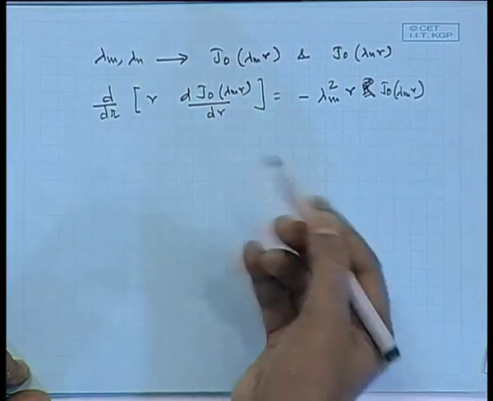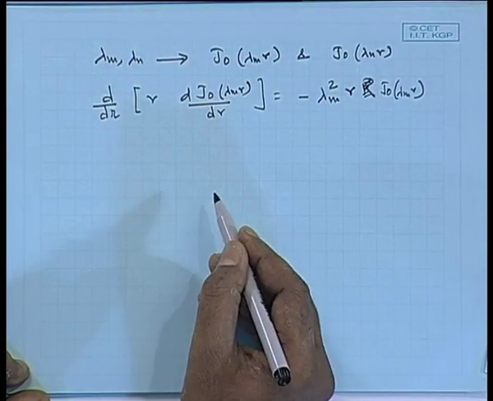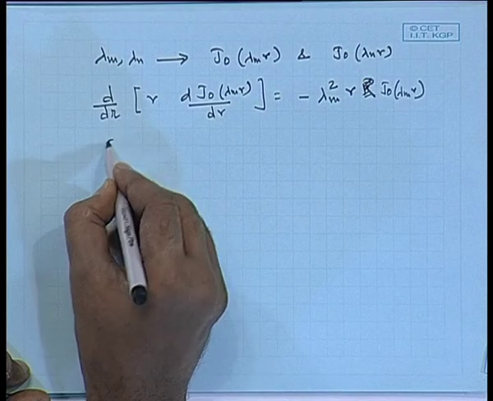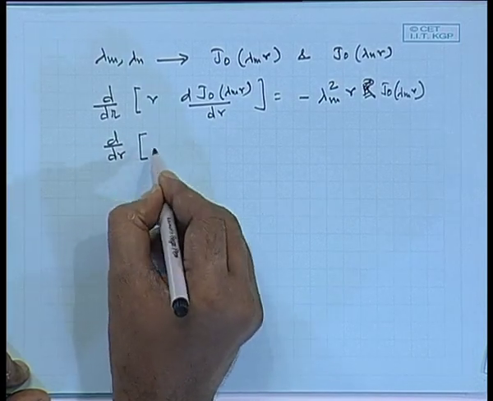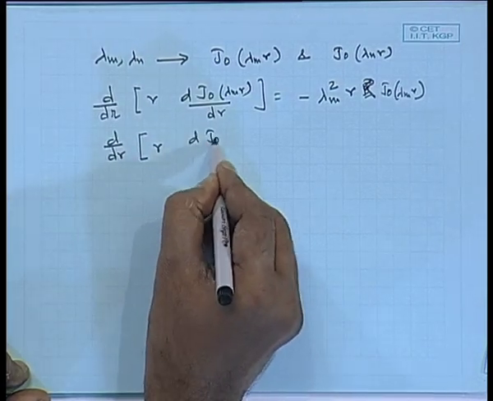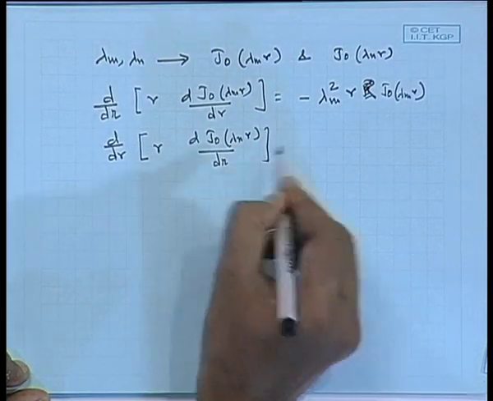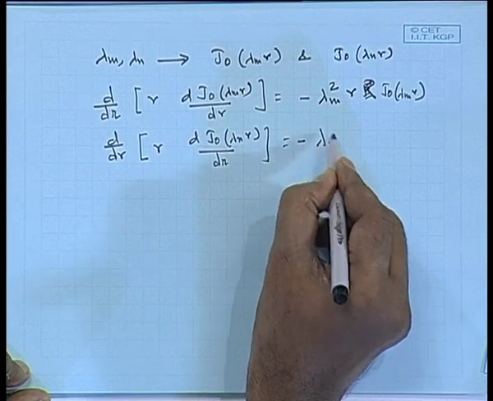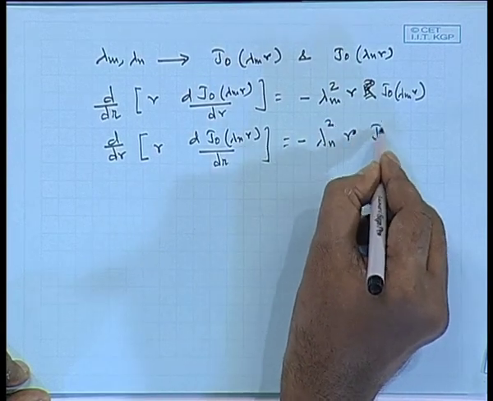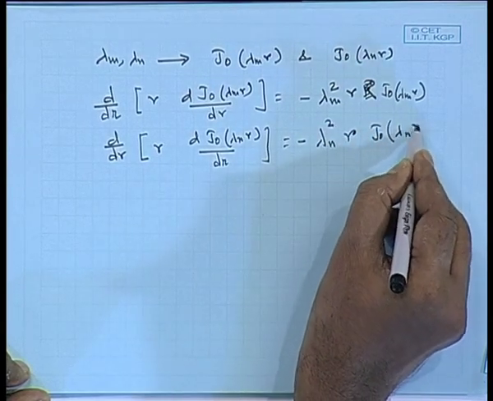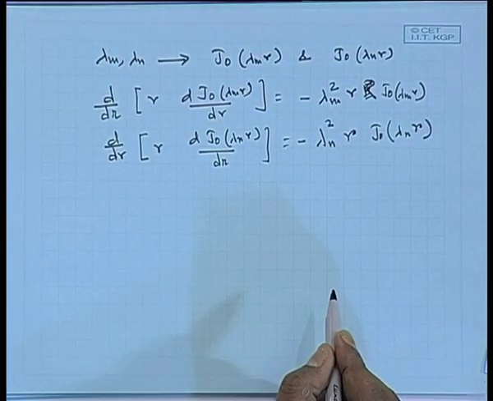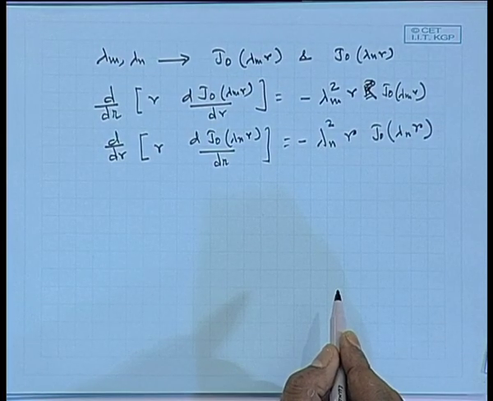Agreed? Now we write down the same equation corresponding to the nth eigenvalue: d/dr of (r dJ0(λn r)/dr) is equal to minus λn square r J0(λn r).